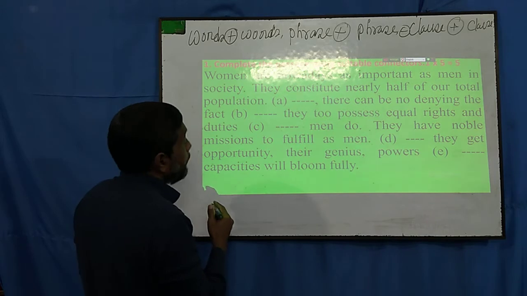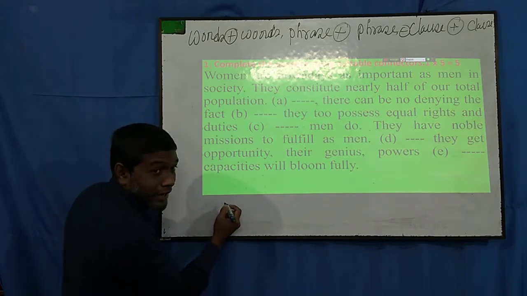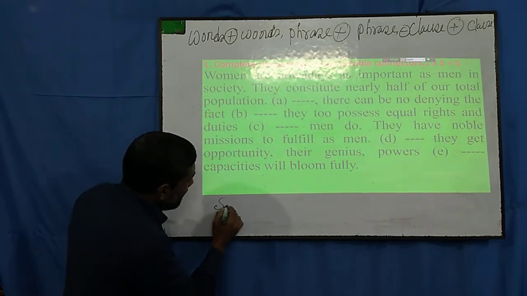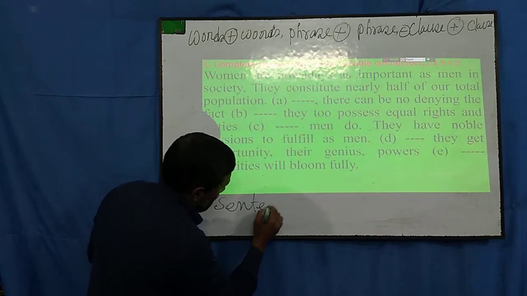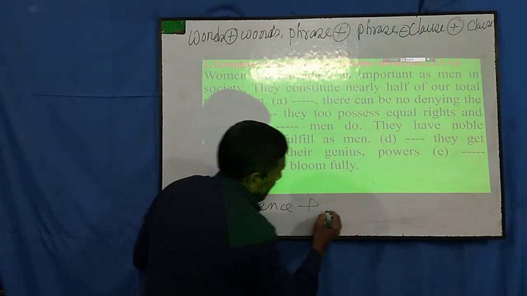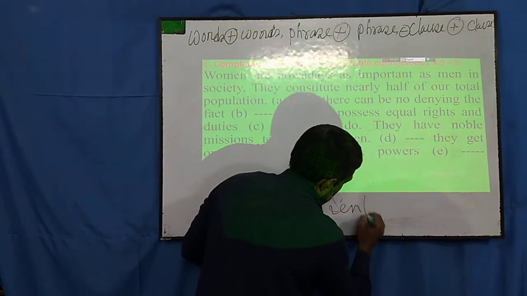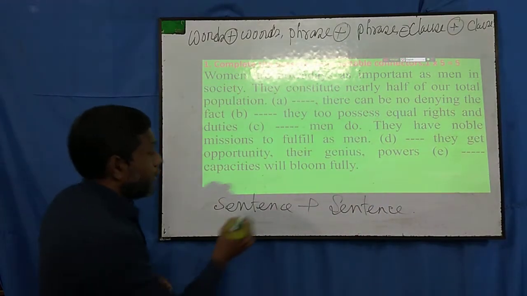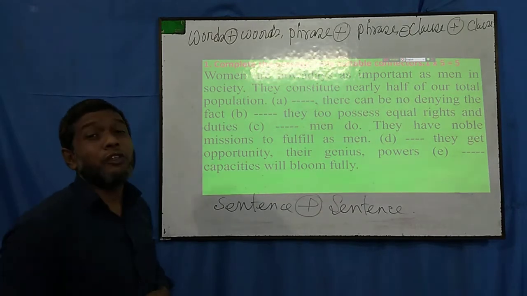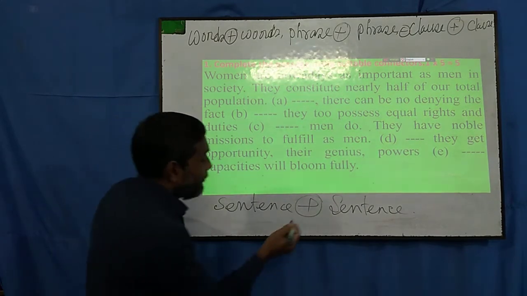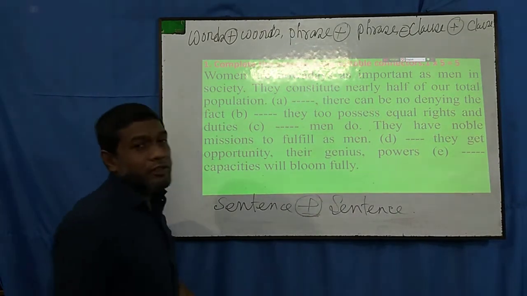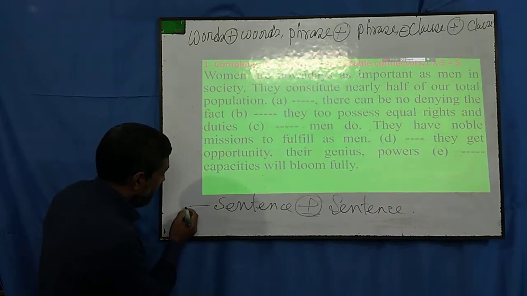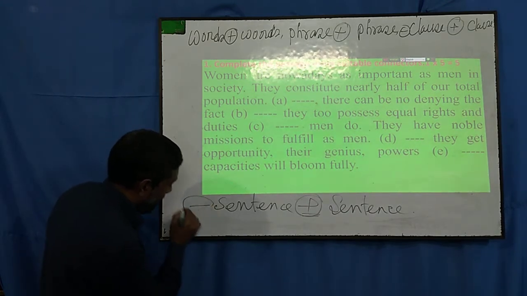Another point I told you, just writing under it: it may join a sentence and another sentence. So now if I want to join two sentences together, I must use a sentence connector here. And sometimes I may use a sentence connector here also.